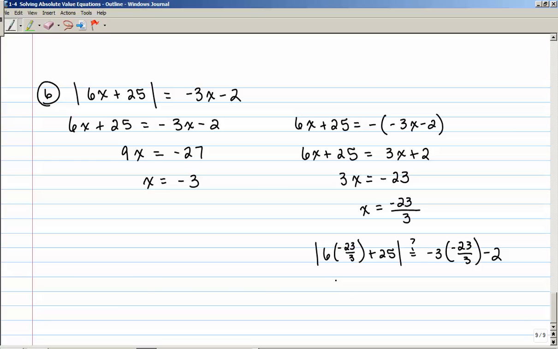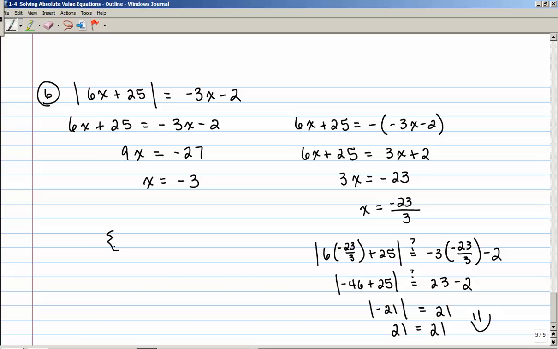So what this turns out to be is the absolute value of negative 46 plus 25. Is that equal to, this ends up being 23 minus 2. So is the absolute value of negative 21 equal to 21? Yes, it is, because the absolute value of negative 21 is 21. So 21 equals 21. That does indeed check.